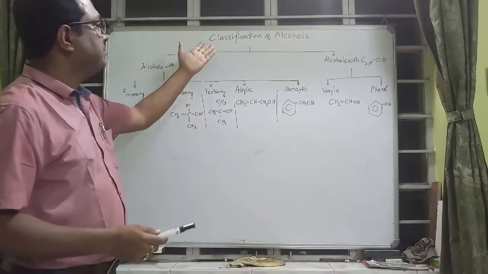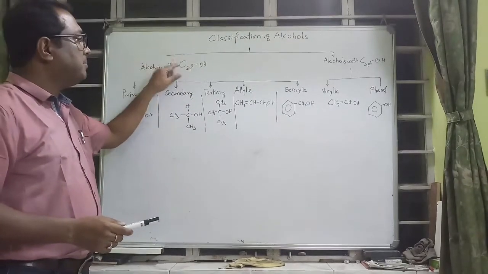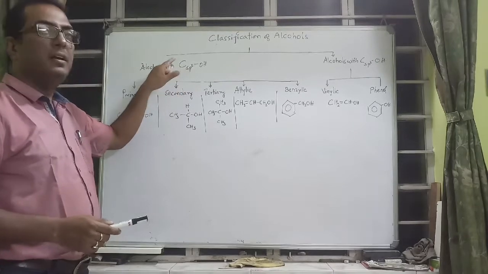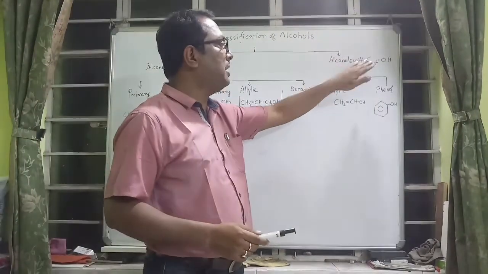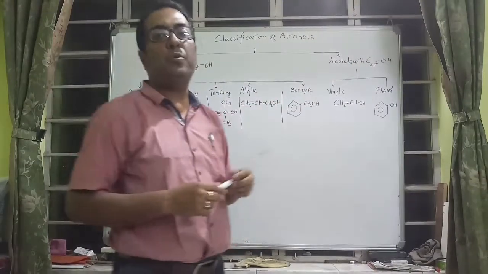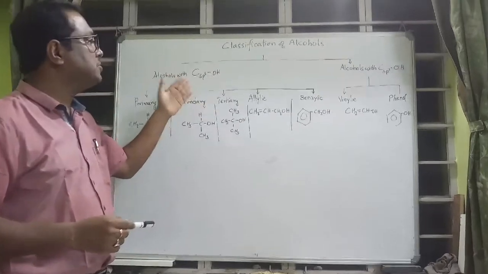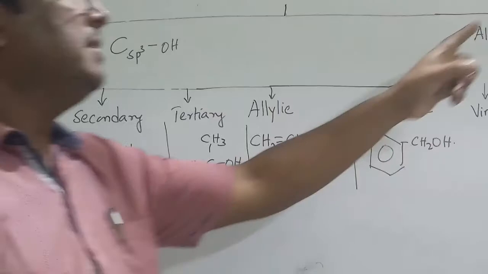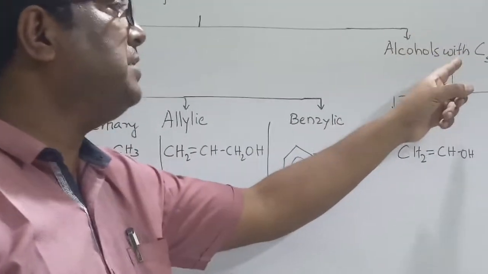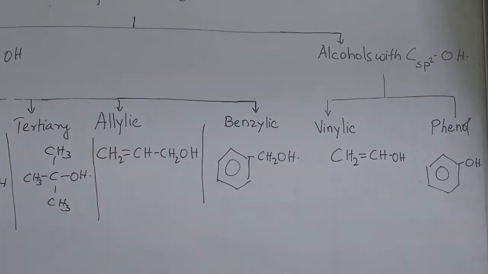So here we have the classification of alcohols. There are alcohols with the carbon of sp3 joined with the OH, and alcohols with the carbon of sp2 joined with the OH group. So when the hydroxyl part is attached to a carbon which is sp3 hybridized, and when the hydroxyl part is joined to a carbon which is sp2 hybridized, in this way we are going to differentiate them.